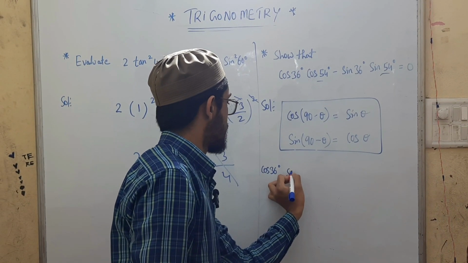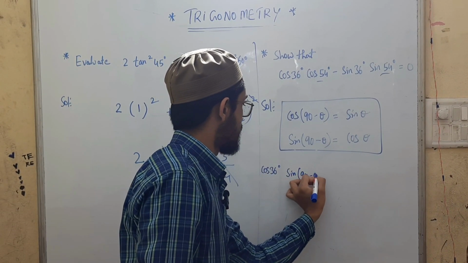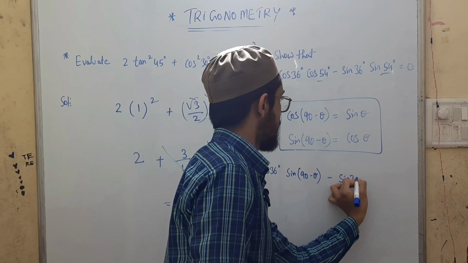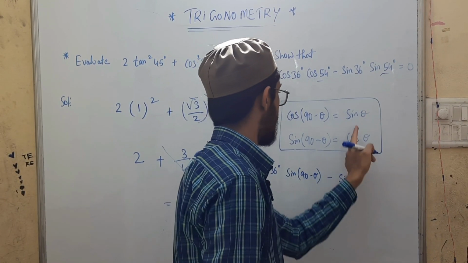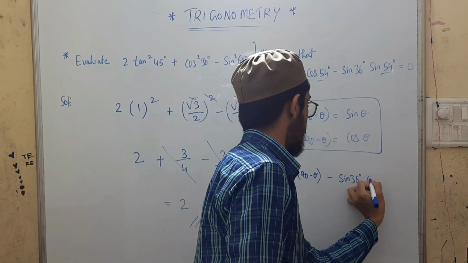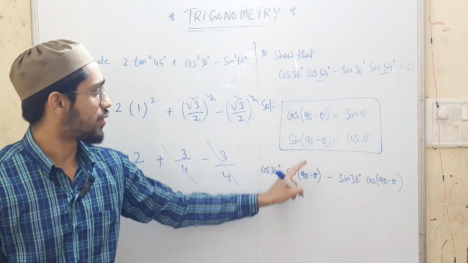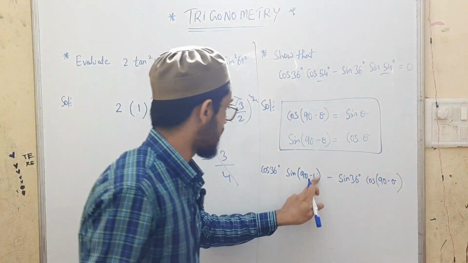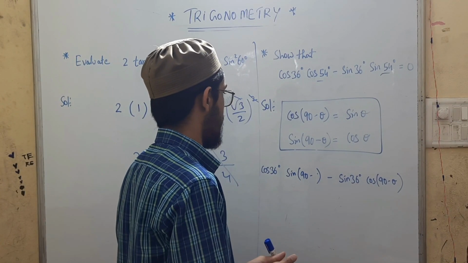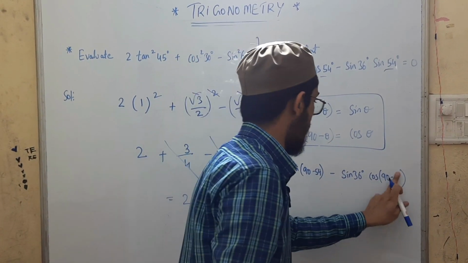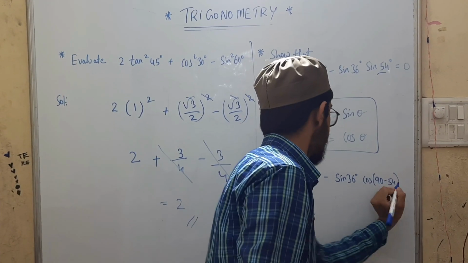Minus sin 36 as it is, sin 54. Sin 54 is cos (90 minus theta). Write the formula. Now in the place of theta, you have to write the number. So cut the theta here and write the number. What is the number? 54. 90 minus 54, and here also the same thing, 90 minus 54.